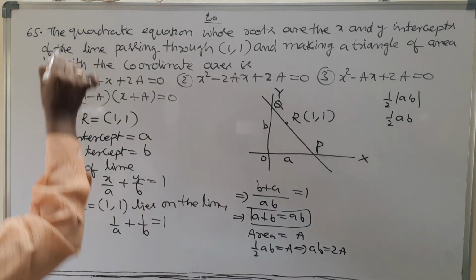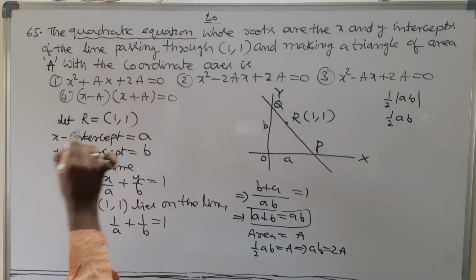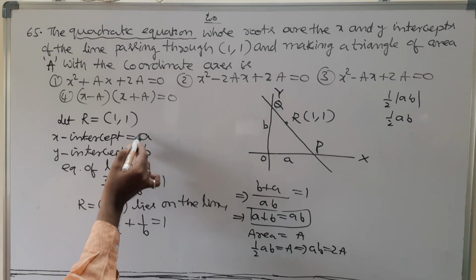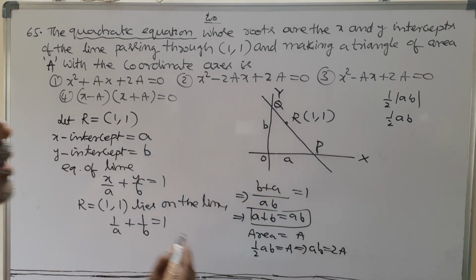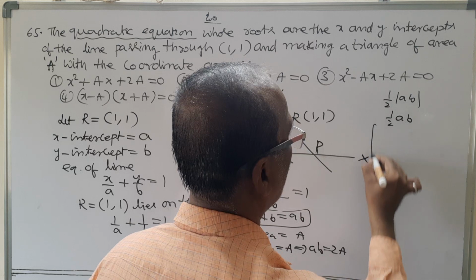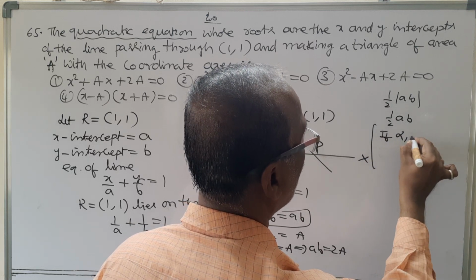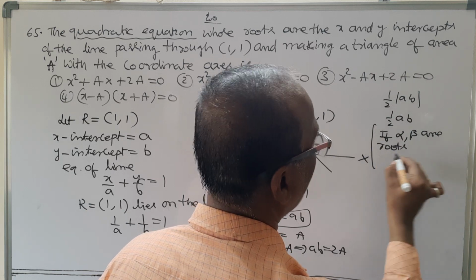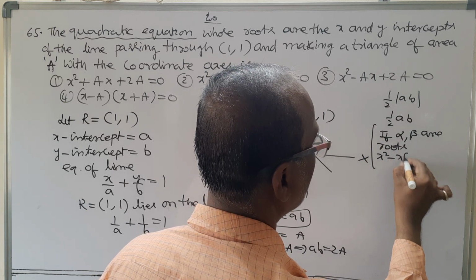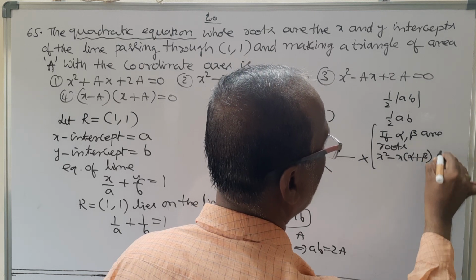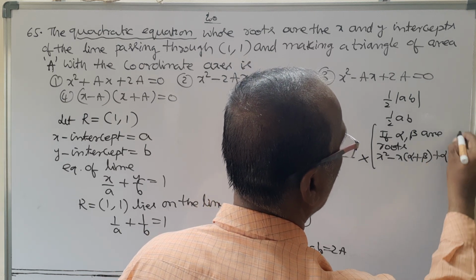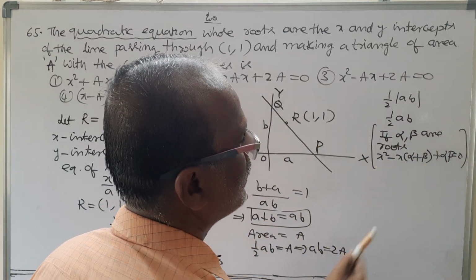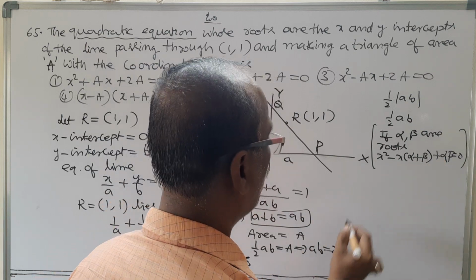Here, to find the quadratic equation whose roots are the x and y intercepts: a is one root, b is one root. One formula: if alpha comma beta are roots, then the quadratic equation is x square minus x into alpha plus beta, plus alpha beta, equal to 0.